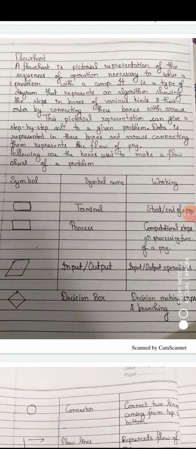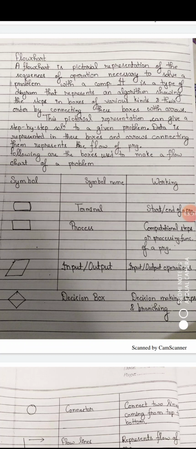A decision box will produce certain branches, because if the decision is true, we will follow one path, and if it is something else, we will follow another. Only in that case will we use a decision box. We will see where to use this decision box when we draw the flow chart of some problem.